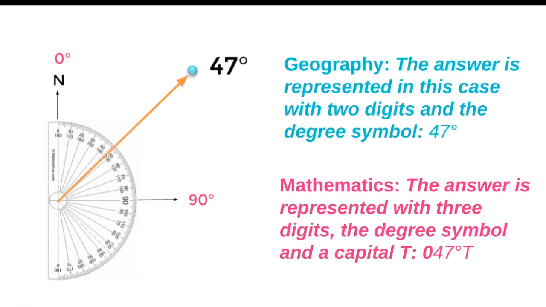In mathematics, the bearing is represented as 047 degrees, capital T for true. The angle is less than 100 degrees, therefore a 0 is placed before 47 degrees and a capital T is placed at the end to represent true.